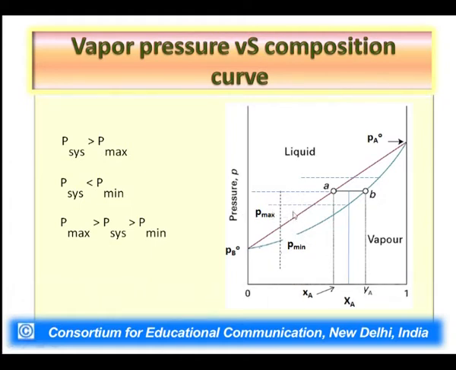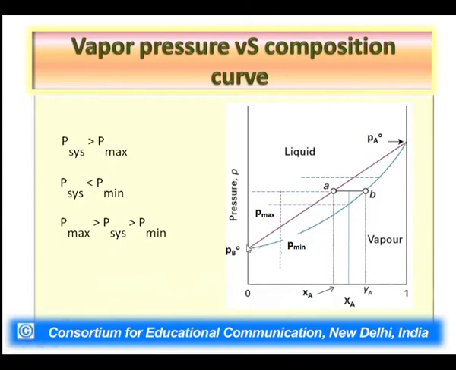Therefore, it relates the total vapor pressure of the equilibrium system with the composition in the liquid phase, whereas this blue curve is a curve between total vapor pressure versus composition in the vapor phase.